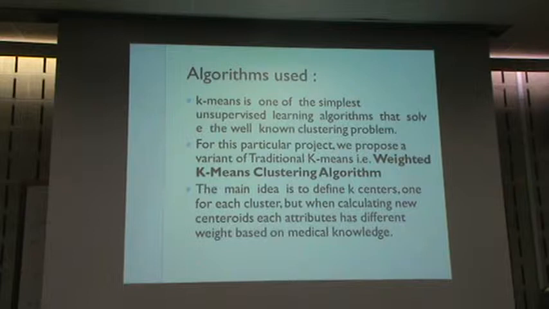The reason we came up with this algorithm is that in the real world, those 40 attributes we used may not weigh the same in diagnosing heart disease. Just to give you an example, blood pressure or cholesterol readings may have a closer relation with heart disease than age.